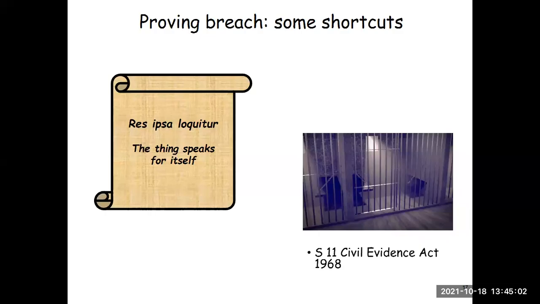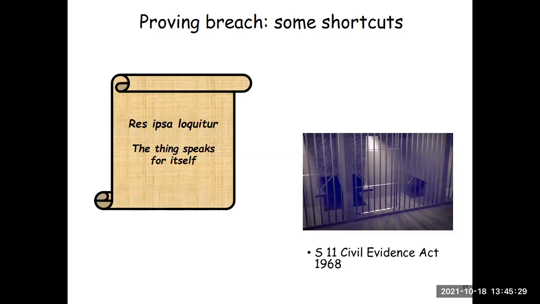So in other words, if the defendant in your case, for the same facts, was found guilty in a criminal case, then that helps you in your civil case. Because the fact that he was found guilty in a criminal case, you can take that to the court as proof that he fell below the standard of care in your civil case.